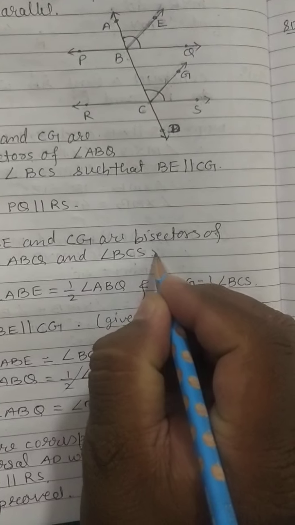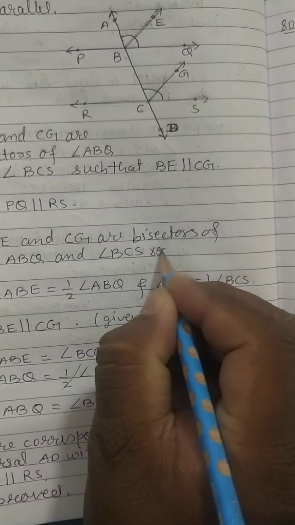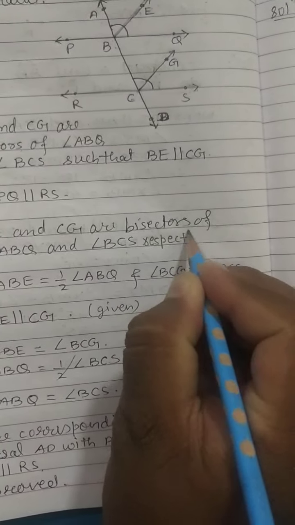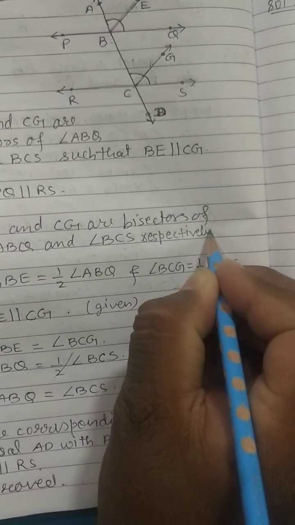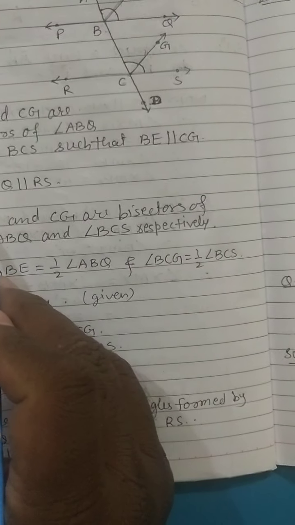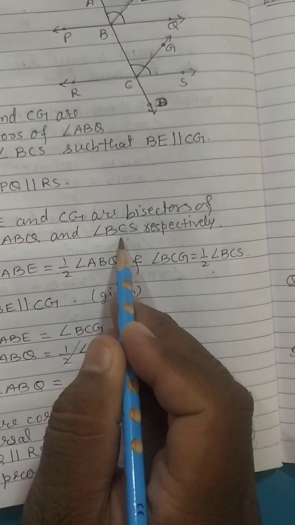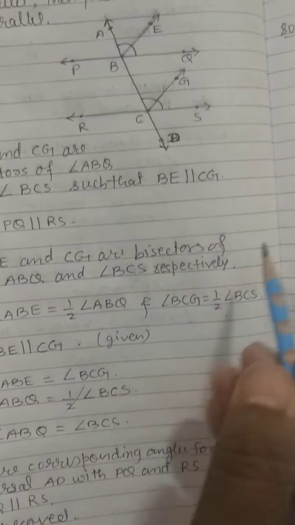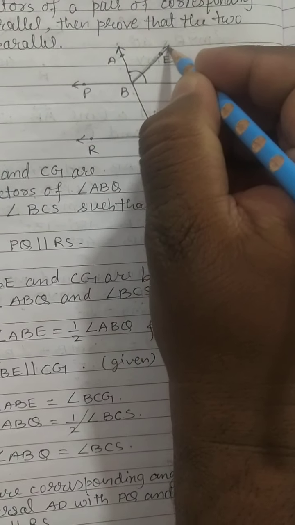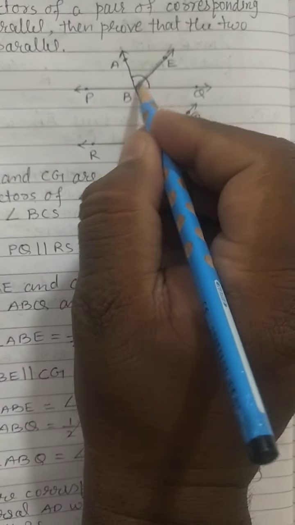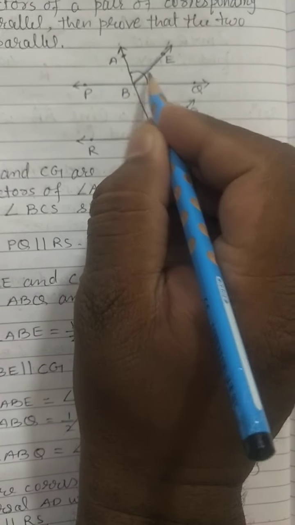One more thing: what do we mean by the word respectively? That is, BE is the angle bisector of ABQ and CG is the angle bisector of angle BCS. So this line divides the whole angle into two equal parts.